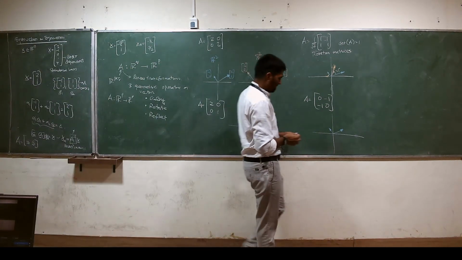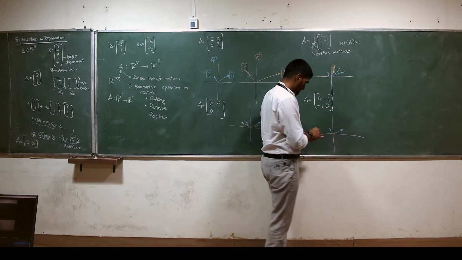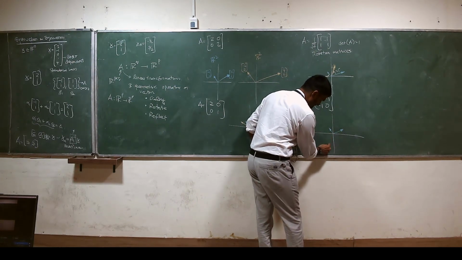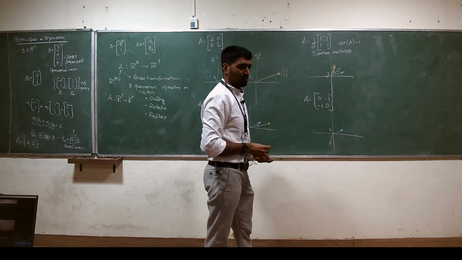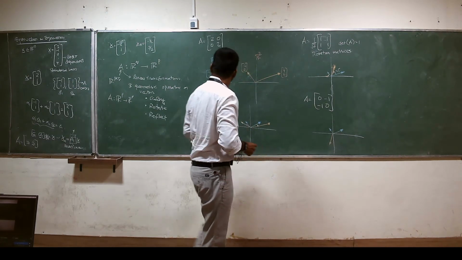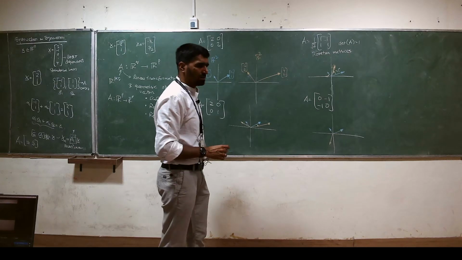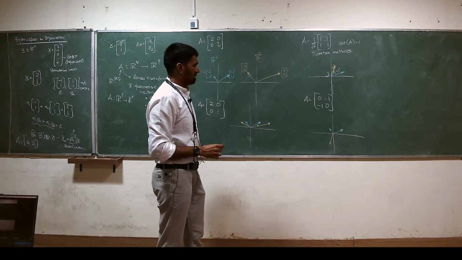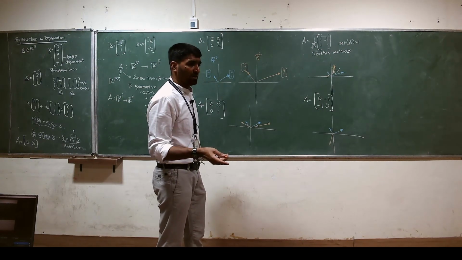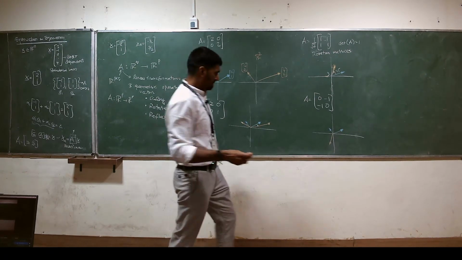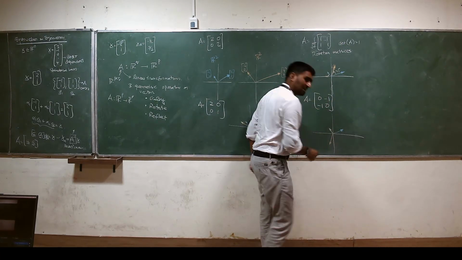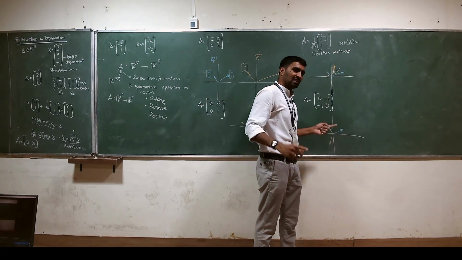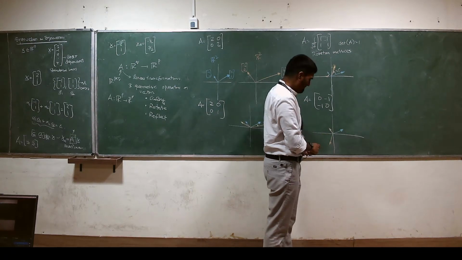For this one, it will be -1, -2. What about this? Oh, the same. So is it 1, -1 or -1, 1? Yeah, it's the same. It's weird. For the first time, we are seeing a case where AX is X.